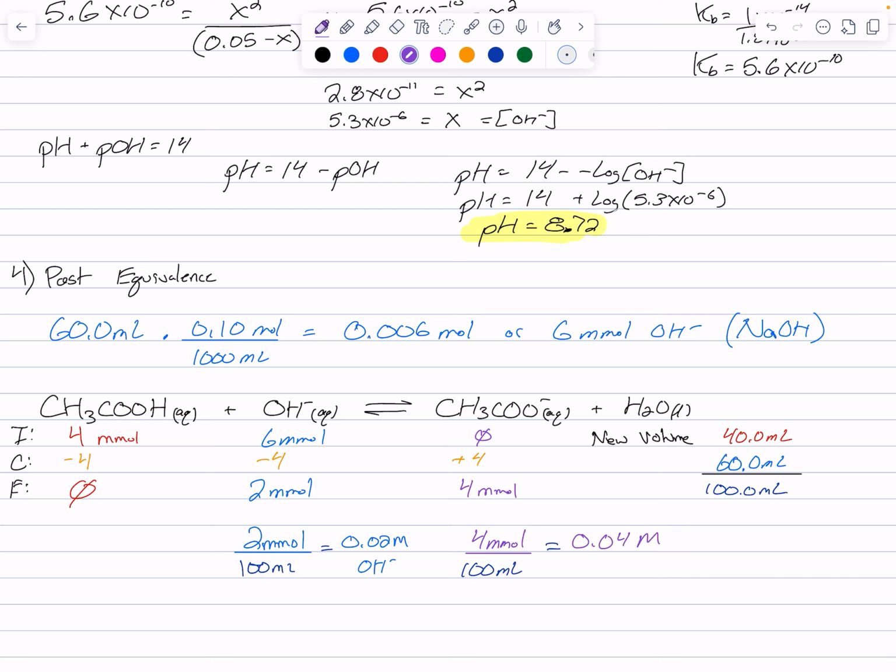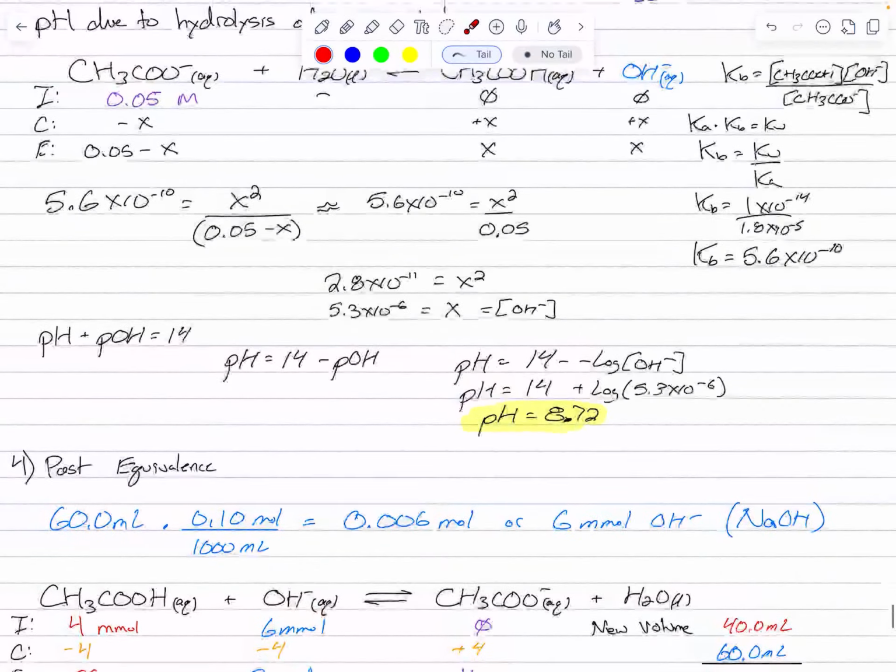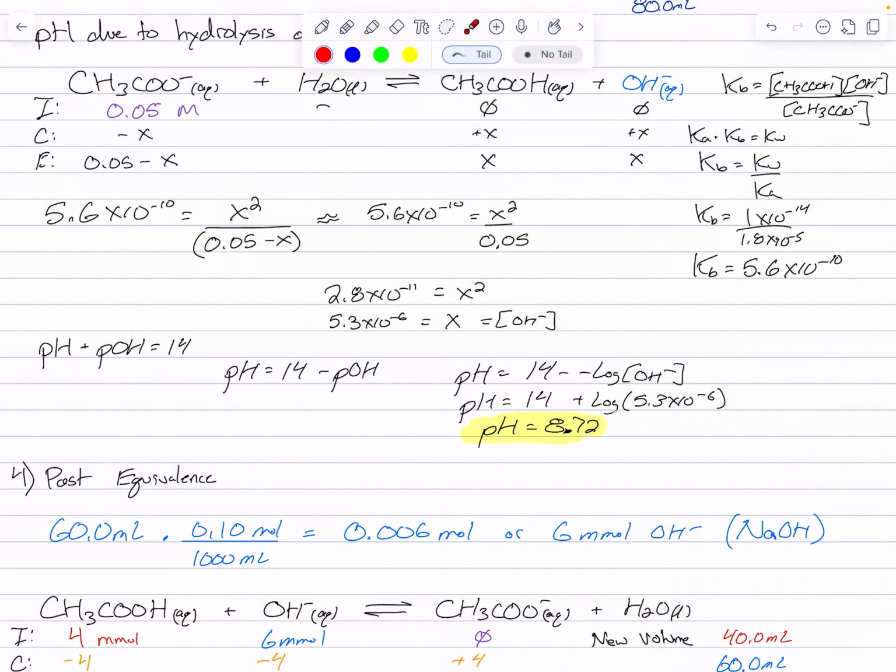Now, pause. Let's look at this. 0.04 molar acetate. All right, so we're going to look right here at the 0.04 molar acetate, and we're going to look up here at the previous example. At the previous example, we had 0.05 molar acetate, which is a little bit bigger, right, than 0.04 molar acetate. Well, 0.05 molar acetate produced 5.3 times 10 to the -6 molar hydroxide, right?